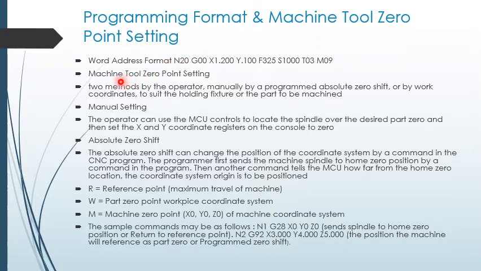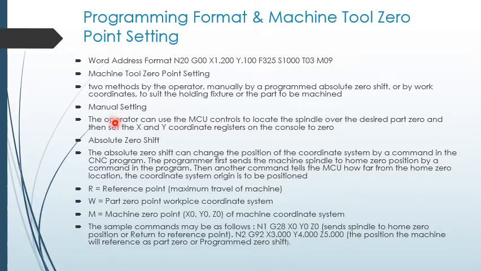Here we will see the machine tool zero point setting. Usually to prepare the machine tool for zero point set, we use two methods. One is done by the operator manually, the other by a programmed absolute zero shift or by a work holding system.